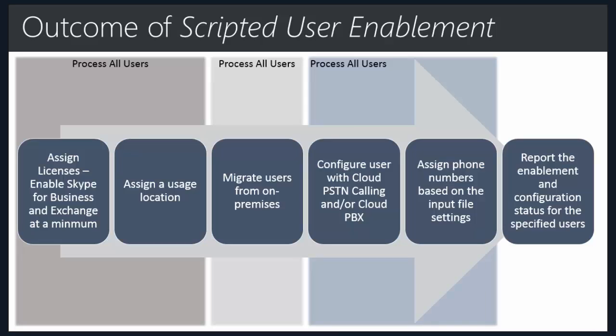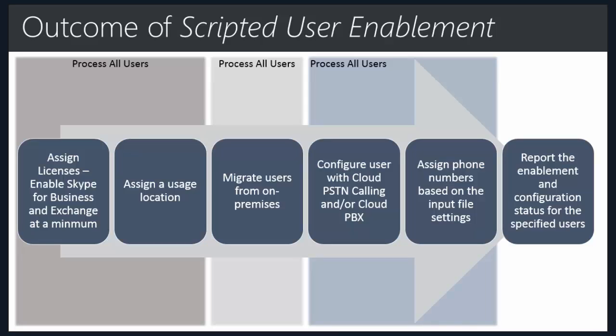At the completion of the script, there will be a report that shows both in the PowerShell window and also saved to a CSV file that reports the enablement and configuration status for all of those specified users. This is where I'm saying that you can run the script, go off and do whatever else you need to do on your daily basis, come back and look at the results to let you know what was successful and what might require some additional error checking.